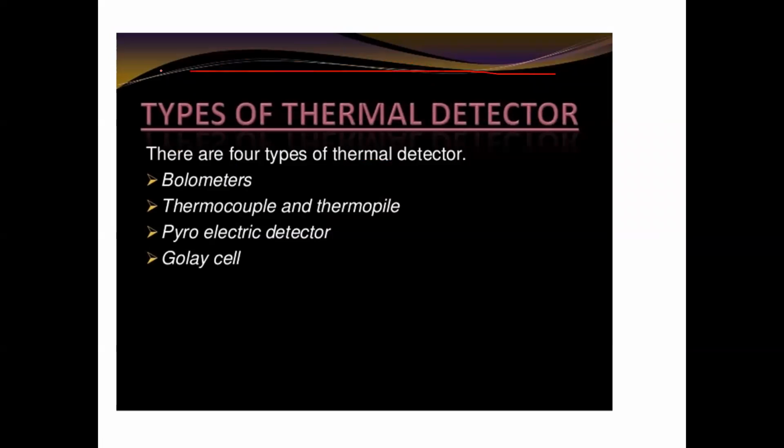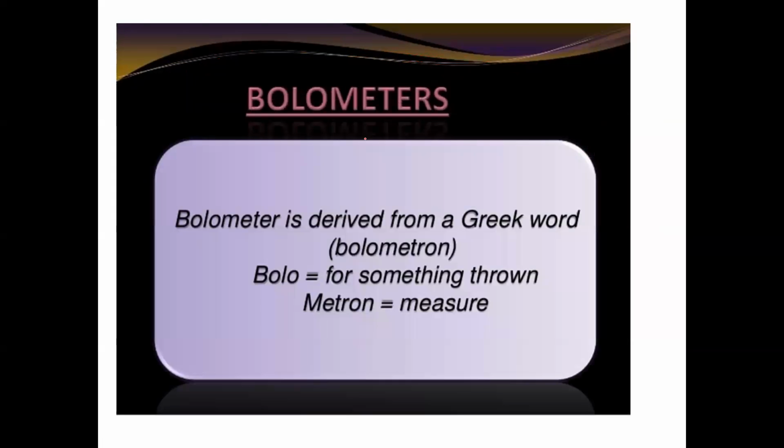If you talk about the types of thermal detector, they are bolometer, thermocouple and thermopile, pyroelectric detector, and Golay cell, okay. So what is the bolometer? Bolometer is derived from the Greek words bole, meaning something thrown, and metron, meaning measure, okay.